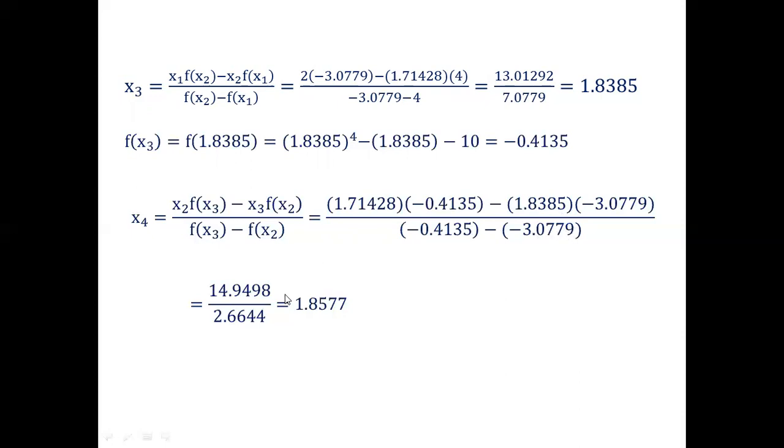So the numerator is 14.9498 divided by the denominator, which is 2.6644.